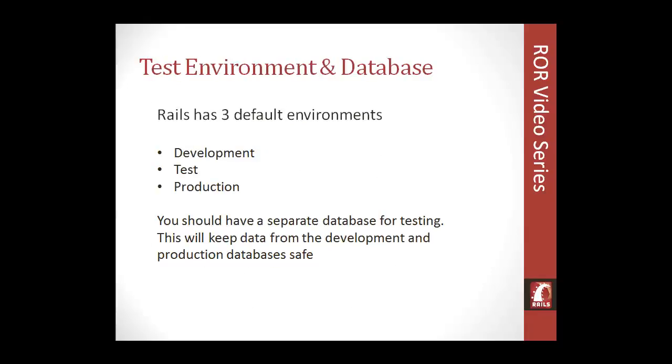Alright, so test environment and database. As you probably know, if you've been going along with this series, Rails has three environments: development, test, and production. So far, we have been dealing with the development environment.